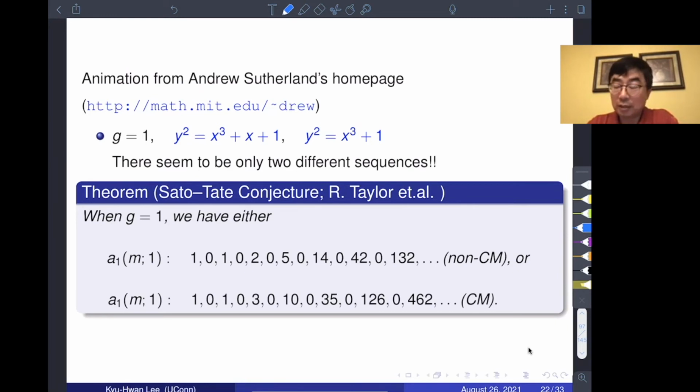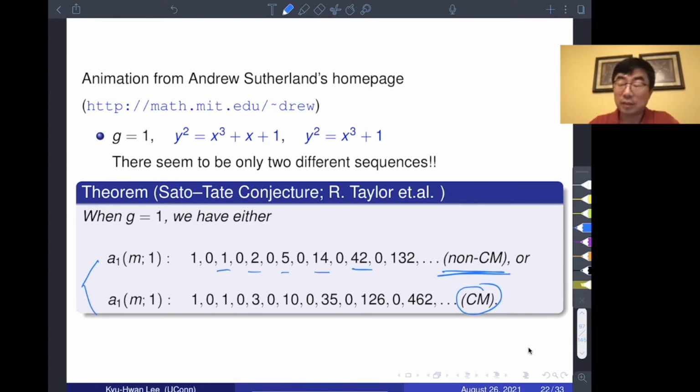Now it's proven by Richard Taylor and his collaborators. The 2 moment sequences are these. If the elliptic curve is non-CM, then we basically have Catalan numbers: 1, 2, 5, 14, and then 42.